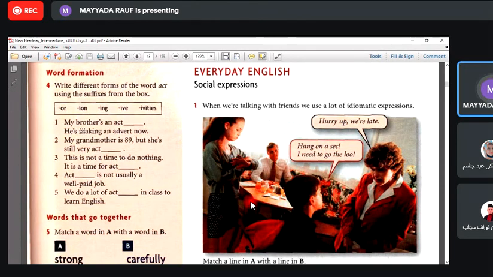So here, for example, my brothers and act dash. What suffix should be here? It is an actor. This one, the first one. He is making an adverb now. Okay, and here the same. My grandmother is 89, but she is still very act. You have to add something.